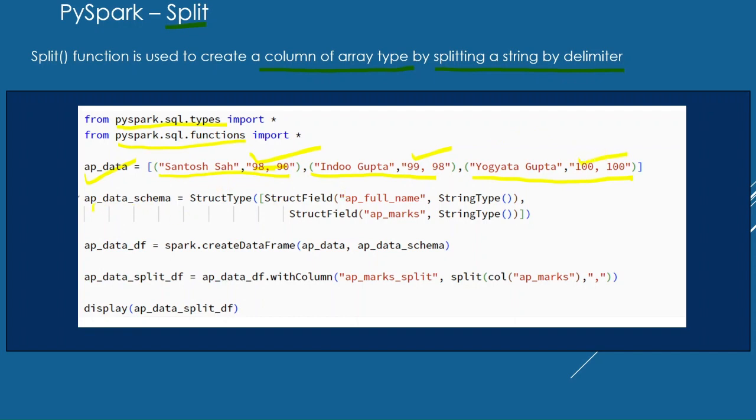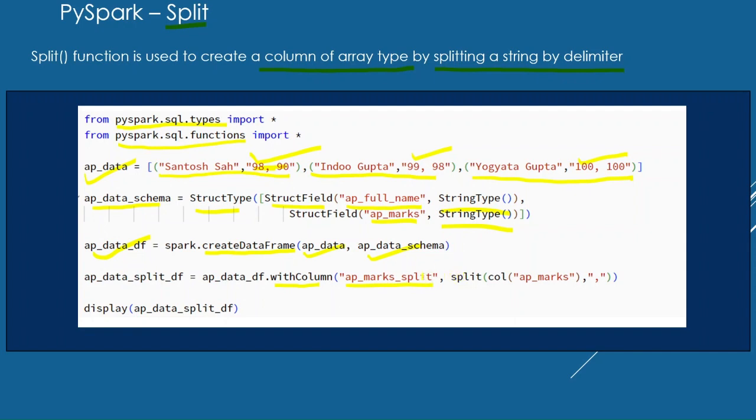We are going to create a custom schema with the help of StructType and StructField. We are defining two columns, AP full name which is of string type, and AP marks column which is of string type. Now we are going to create a data frame with the help of the createDataFrame function by passing this list object and the custom schema. Once this data frame gets created, we are using the withColumn function to create a new column. This new column name is AP_marks_split.